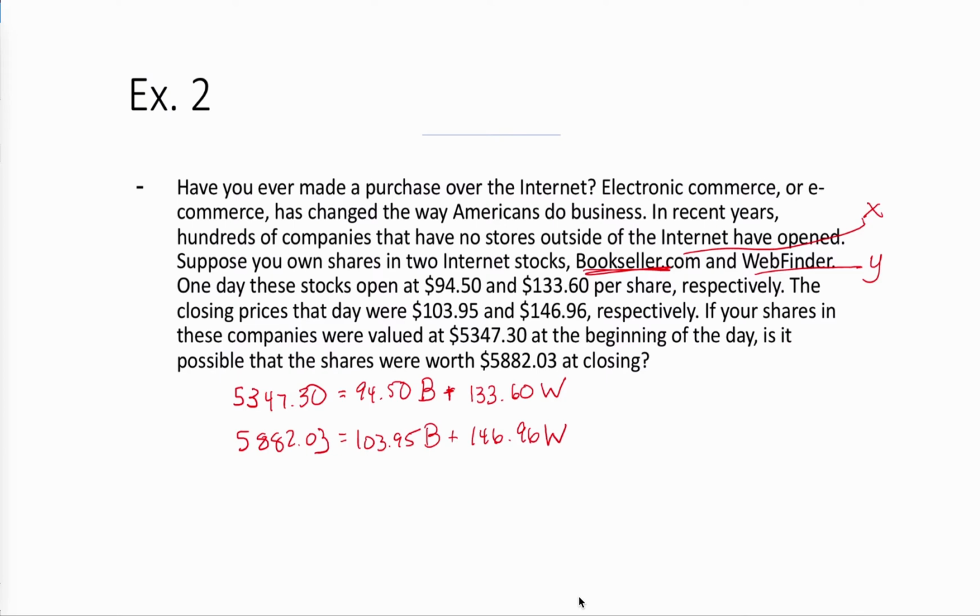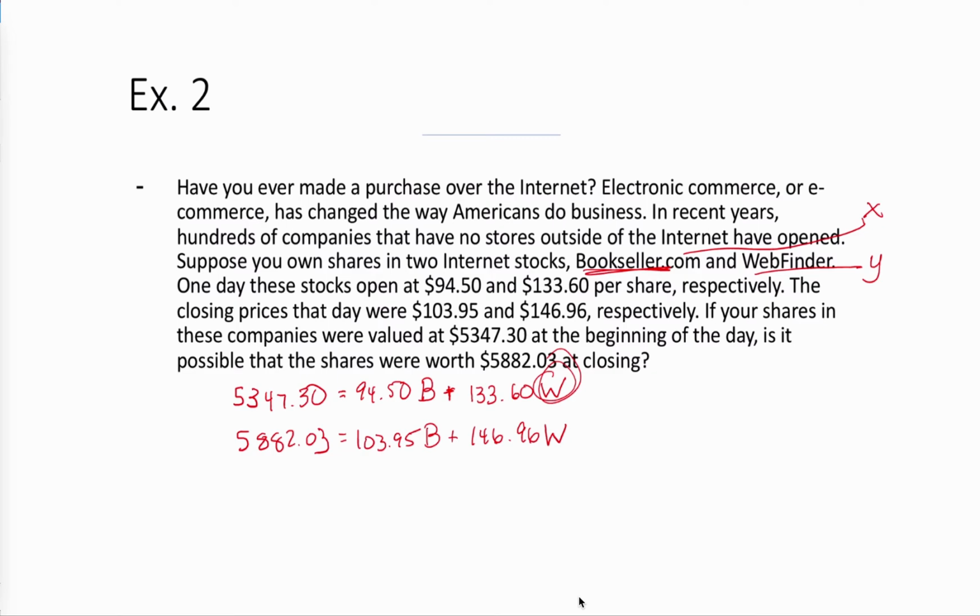I think that is going to be the easiest way to demonstrate what's going on here. If we want to solve each of these for one of these variables, honestly, it doesn't matter which variable we solve for. We could make Bookseller be the y and WebFinder be the x. Let's just say we're going to solve for W, right?